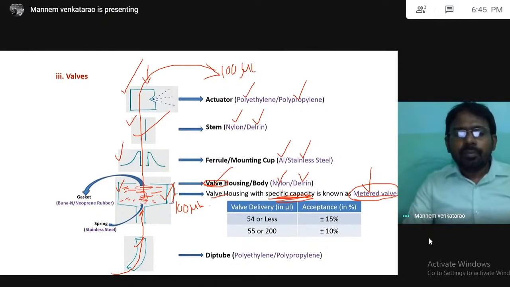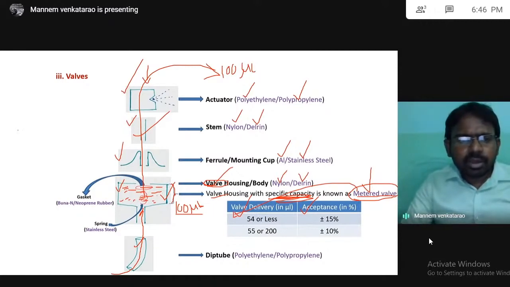Next, on the label they mention 100 microliter, but friends, don't assume exactly 100 microliter is ejected. No, some allowance must be accepted. Some variation is accepted; that is called acceptance. Metered valve delivery has an acceptable difference, because accurately 100 microliter cannot be ejected. Some variation will be there. How much difference?